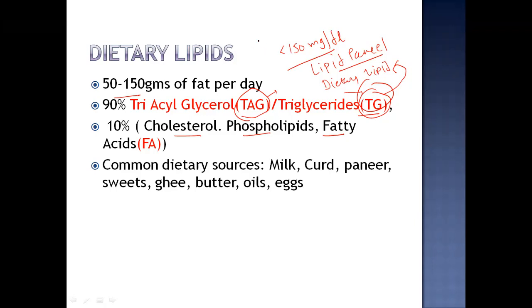Okay, more than 150 or more than 200 is harmful for our body, and if your triglyceride comes more than 200, then you should start restricting the lipid content in your diet. So sources we already know about, from where we get the lipid or fat.